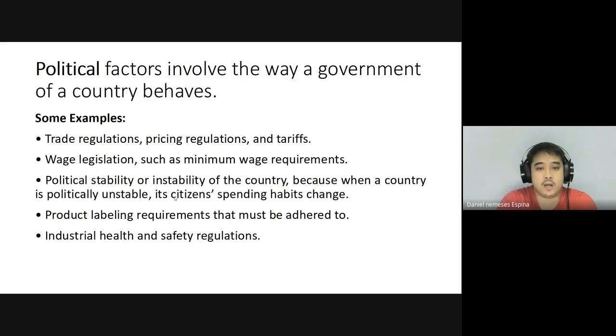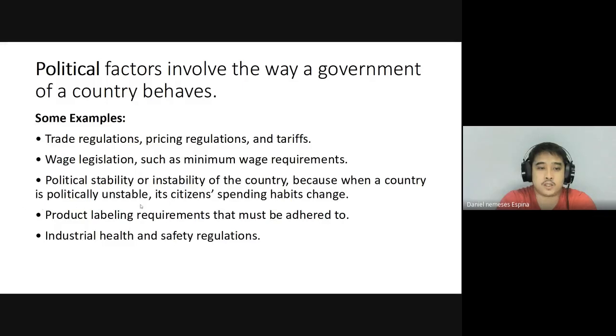So if you have heard the news about the Myanmar incident, the military is now occupying the position. They dethroned their elected officials. So the military is now the one governing Myanmar, and people are protesting.